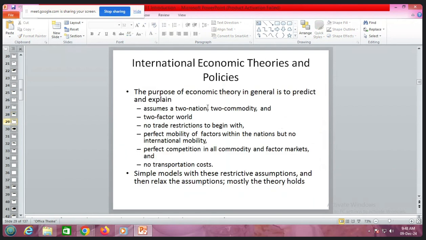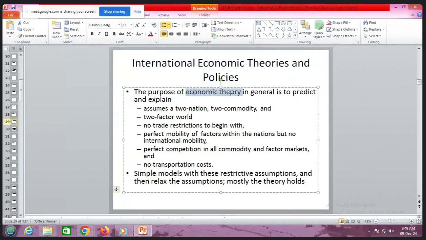So coming on to what we are going to study in the first module, what you find here is that the purpose of the economic theory is more to predict and explain. Okay, so why do we study the theories of trade?